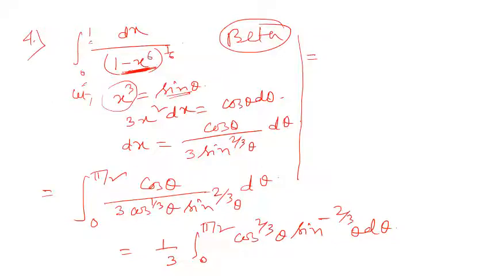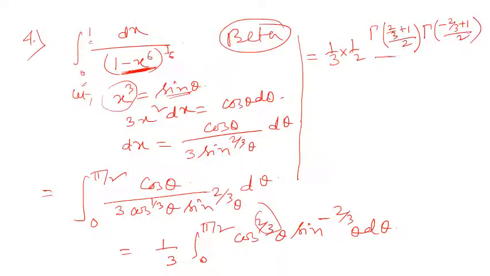This is equal to 1 by 3 into 1 by 2 gamma of (2 by 3 plus 1) by 2, gamma of (minus 2 by 3 plus 1) by 2, divided by gamma of (2 by 3 minus 2 by 3 plus 1) by 2.